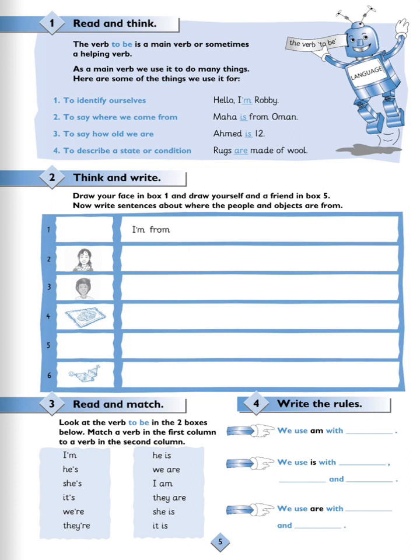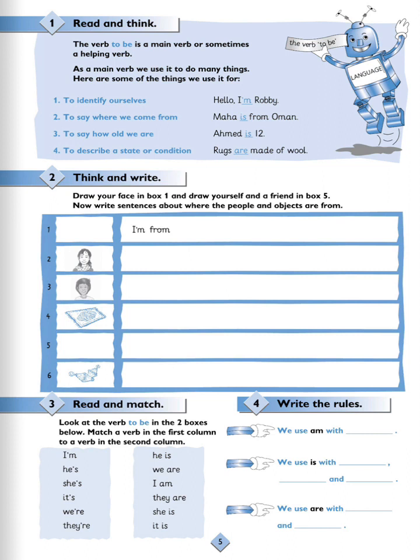Number 2, to say where we came from. Maha is from Oman. Number 3, to say how old we are. Ahmed is 12. Number 4, to describe a state or a condition. Rugs are made of wool.